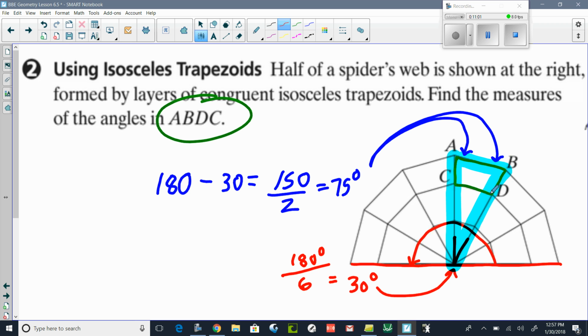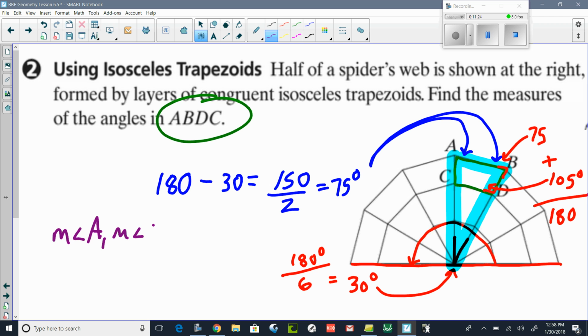Remember that in an isosceles trapezoid, these two angles are supplementary. So if this angle here is 75, in order to add up to 180 degrees, we would need 105 degrees there. So those two are supplementary. They add up to 180. So in summary here, we have the measure of angle A and the measure of angle B are both equal to 75 degrees.